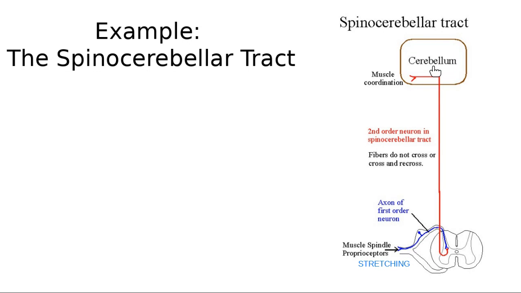And that's where the spinocerebellar tract ends. If we have 2 neurons, what are we missing? What's the name of the one that we're missing in the spinocerebellar tract? Who's missing?